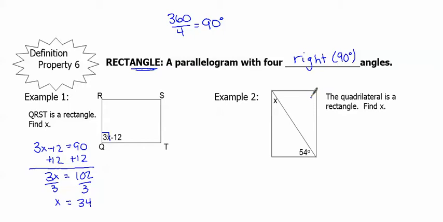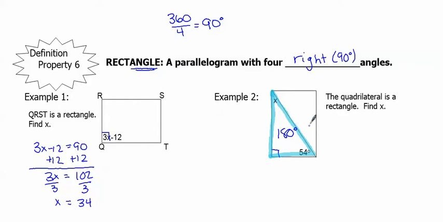Now over here, I know that all of my angles are 90. But what I notice even more importantly is they hid a triangle, and it's actually a right triangle inside that rectangle. And what do I know about triangles? They add up to 180.